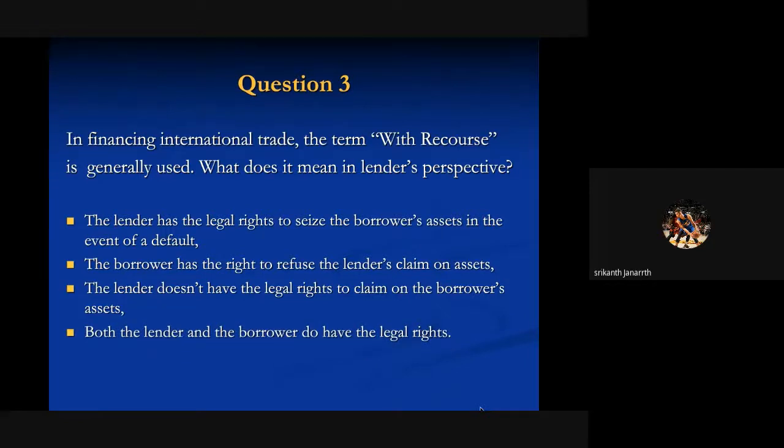Both the lender and the borrower have legal rights. What is the answer? When the lender says with recourse, what does it mean? When a bank says, I'm giving you an advance with recourse, what does it mean?